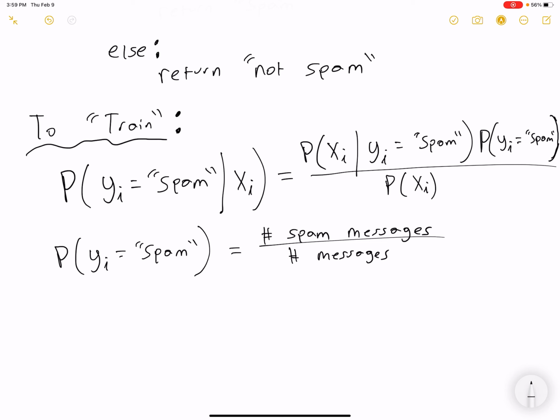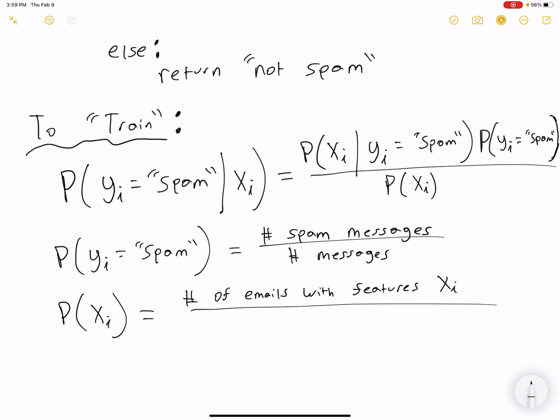And then to get the denominator, which again, you technically don't need for the homework, but if you wanted to calculate it for fun, or, importantly in some cases, to return an interpretable probability, then you would calculate the number of emails with these features, xi, divided by the total number of messages.